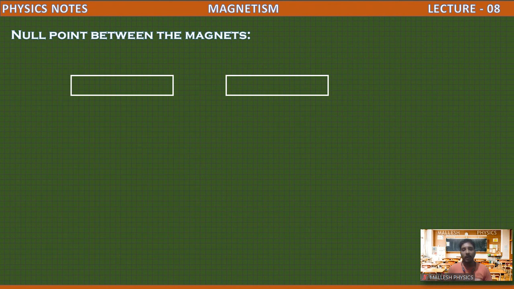Next, if you take two bar magnets, how do we find null points between these two? Let us take here this is our S1 and this is N1. Here we are taking another bar magnet whose north pole is here and south pole here.